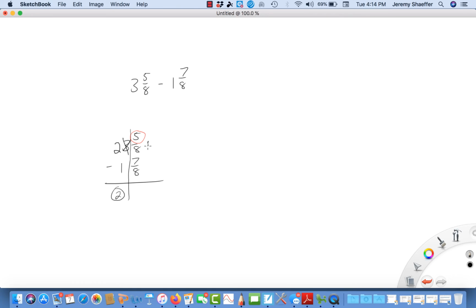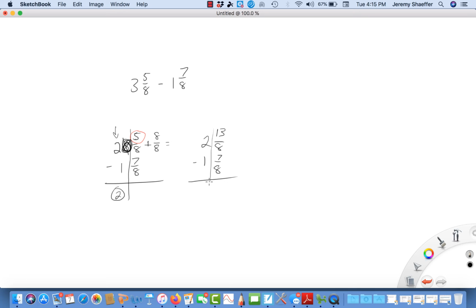When we do that, we have to add 8/8, which now equals 2 and 13/8. See what I did? I borrowed a whole from this one. I reduced it to 2, and then 5 plus 8 is 13, and we have 13 over 8. And then we can subtract our 1 and 7/8.